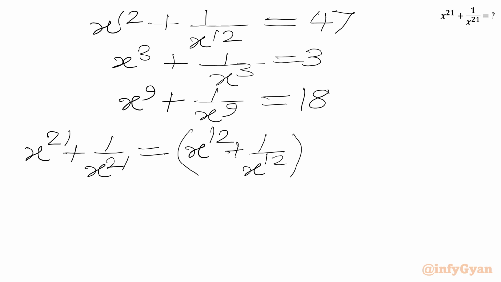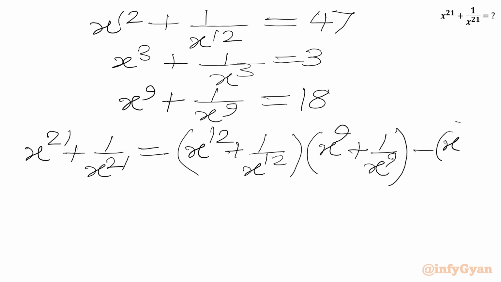Now we'll multiply this bracket with x power 9 plus 1 over x power 9. 12 plus 9 is 21. Now we have to take away the cross product term. So we'll write here minus of x cube plus 1 over x cube.